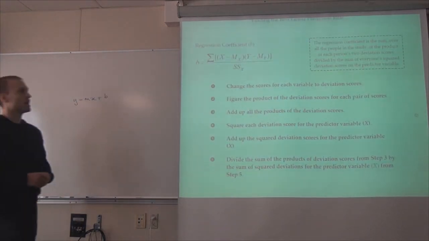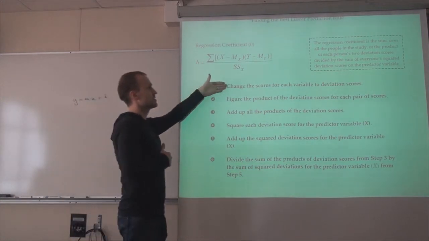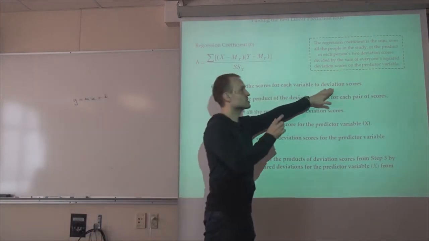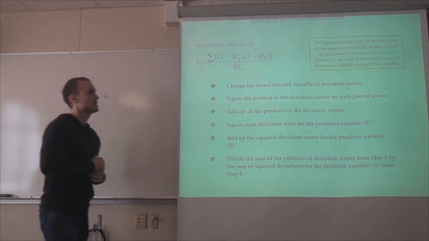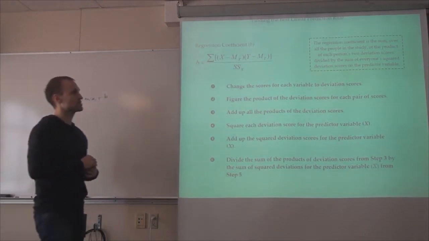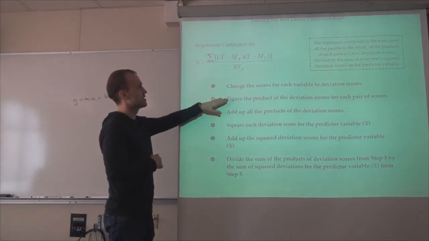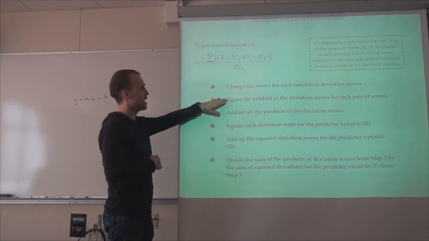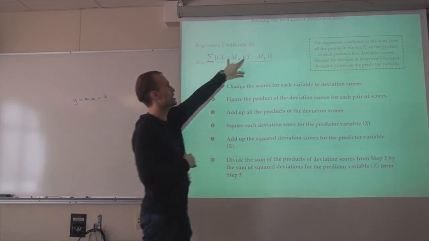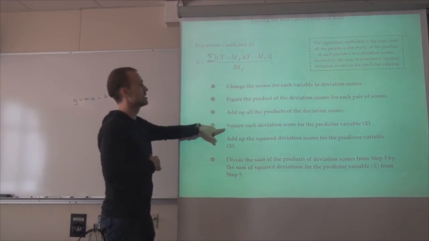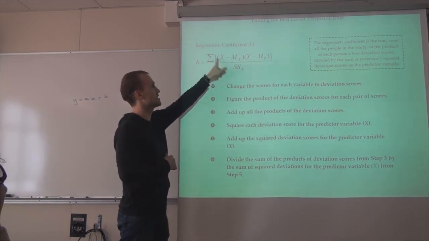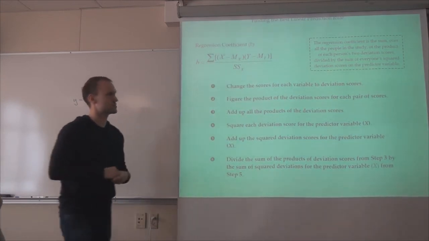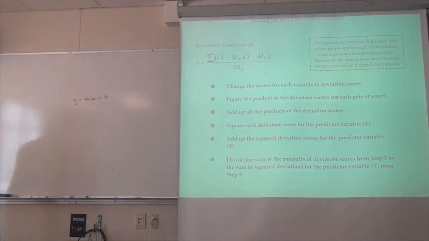I'm going to look at the deviation scores, the differences between the actual values and their averages. For each one, add up the product of the two, and divide by the sum of the squares for the x variable.